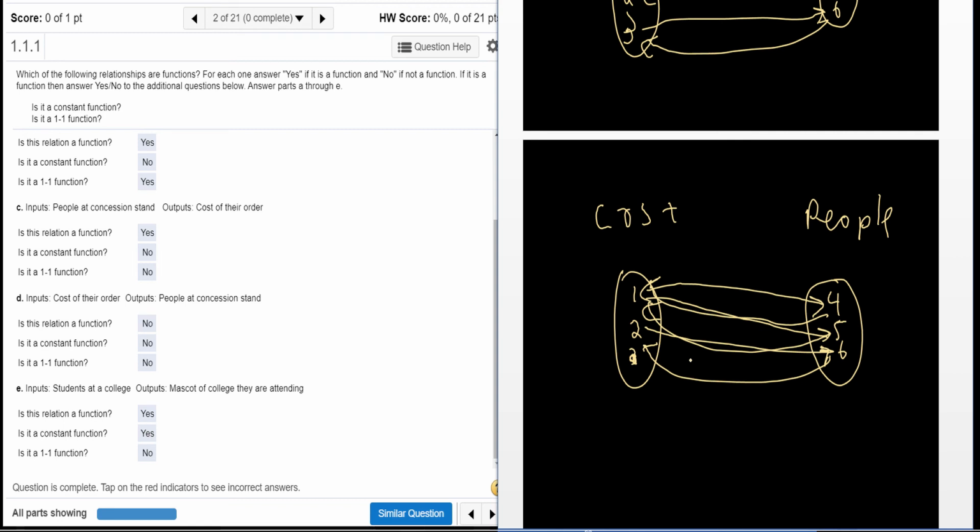Because with a one-to-one function, each input maps to one output, and then that output maps back to the input, and it's still a function. So it's not a function in the beginning, so it's not going to be a one-to-one function either.